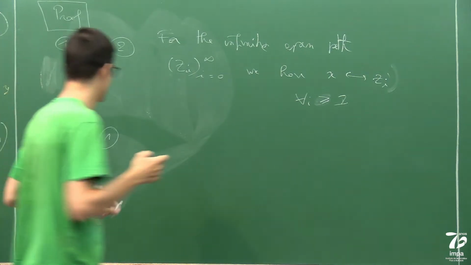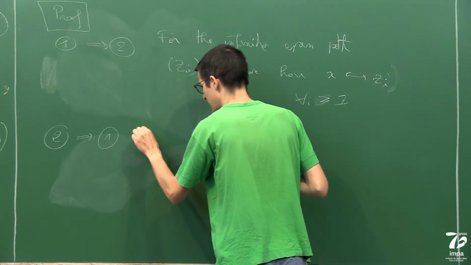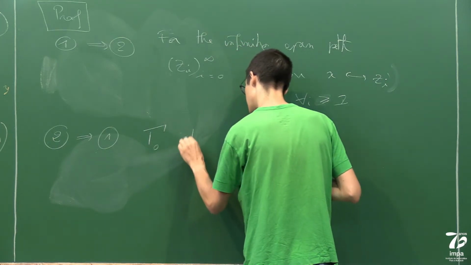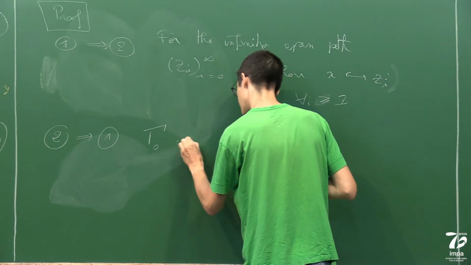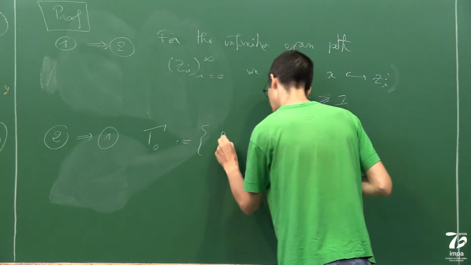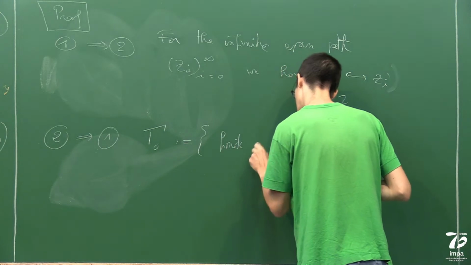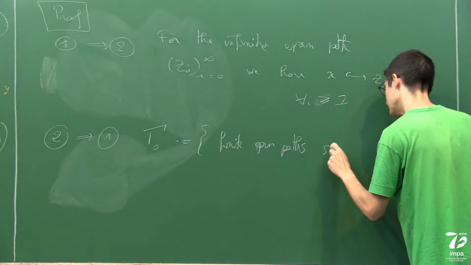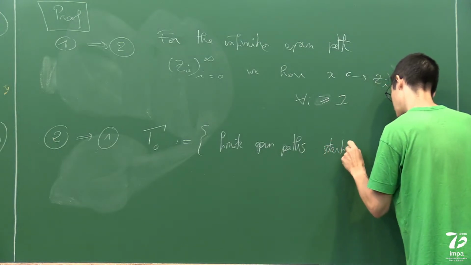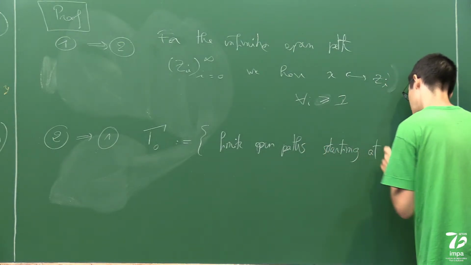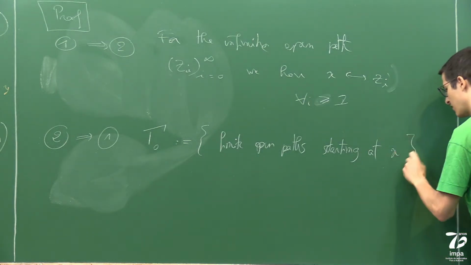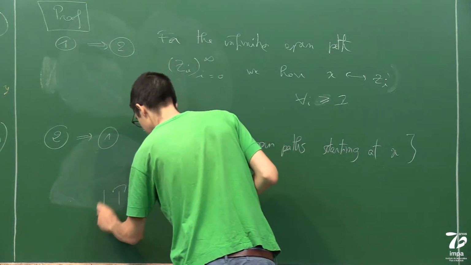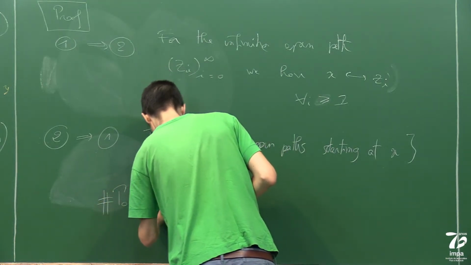Okay, so I will call gamma 0 the set of finite open paths starting at X. And what I have by assumption is that the cardinality of gamma 0 is equal to infinity.